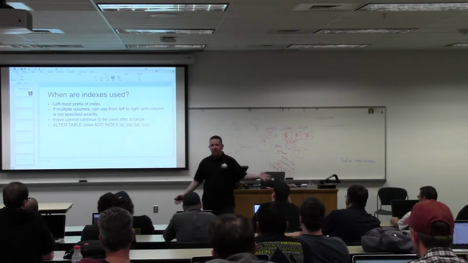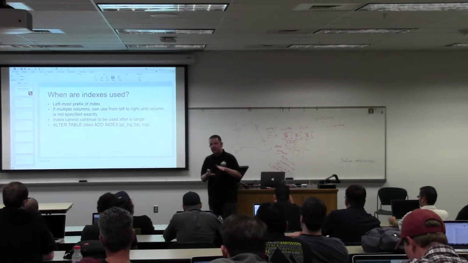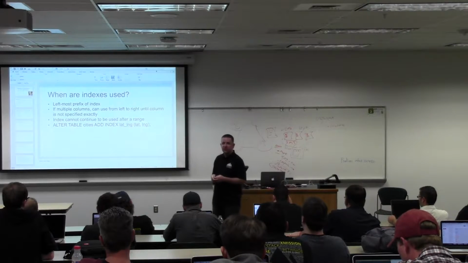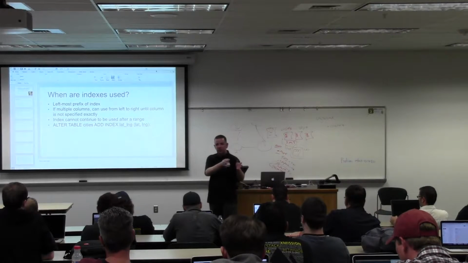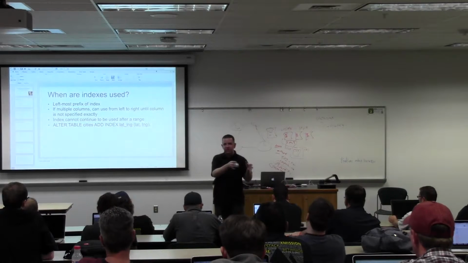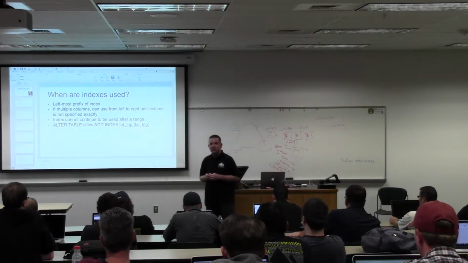It's definitely better than having to search the whole white pages. Just knowing that it starts with M isn't as helpful. I can't use that index very effectively. As you're going left to right, before you can move to the next one, you have to specify the last one exactly in order to be able to use the next part of the index.